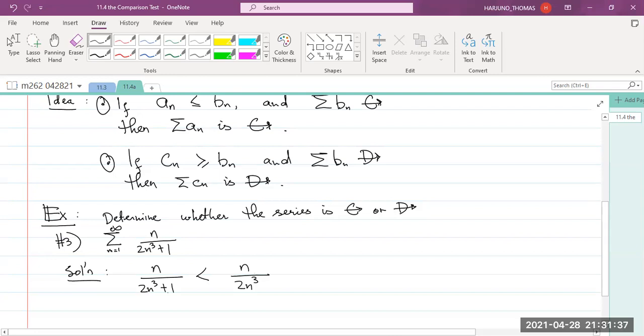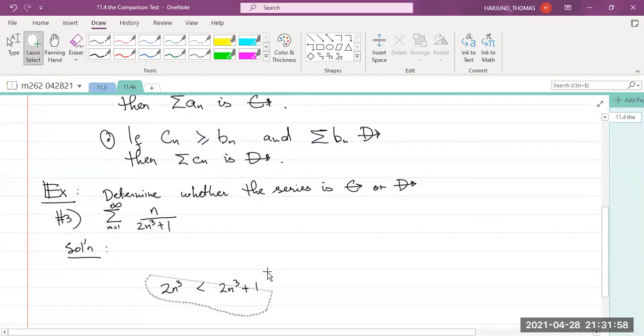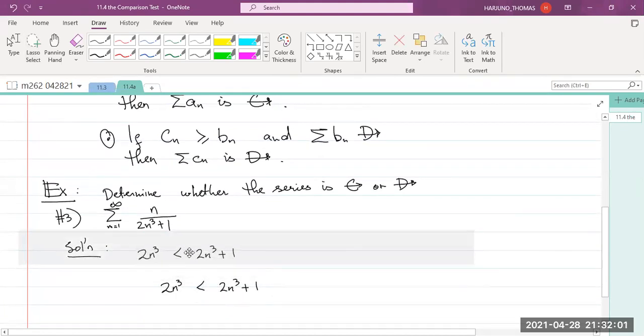Does it make sense? Well, maybe we say it this way first then. 2n cubed is less than 2n cubed plus 1. Is it right? That's always true. Okay, and that's positive. Yeah, you need to make sure it's positive because if one of them is negative, the reciprocal may not be true.